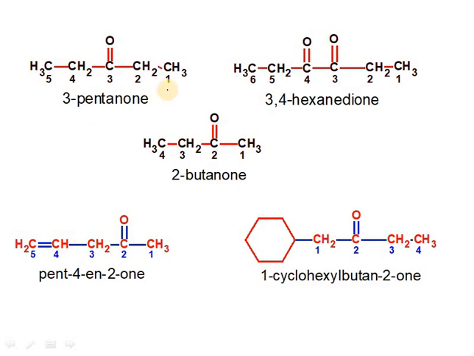The next example we have taken like this. This has 5 carbons. Numbering was given like this: 1, 2, 3, 4, and 5.